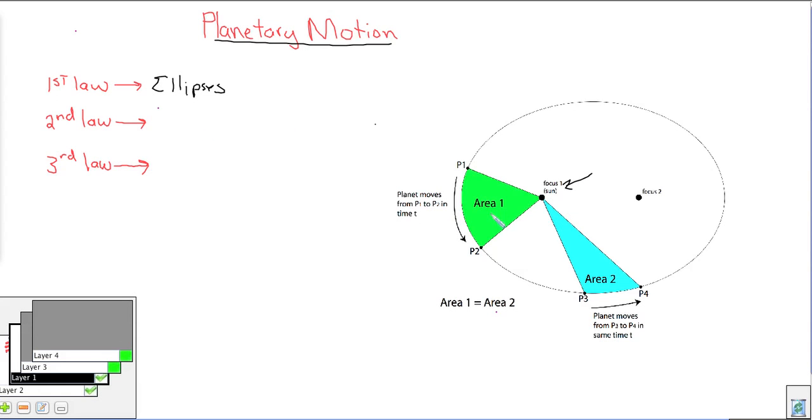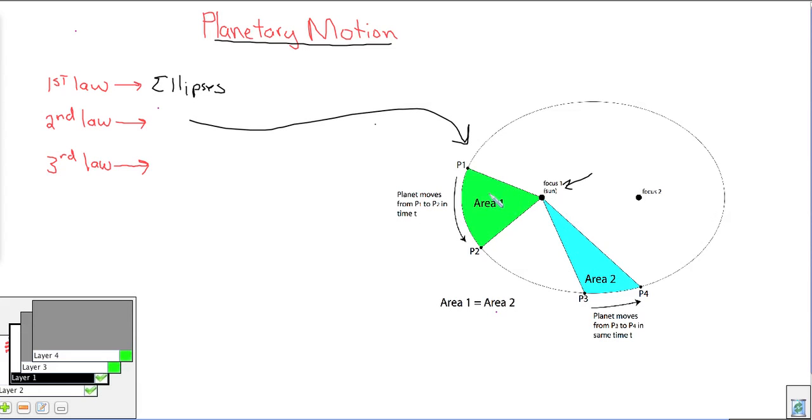Now the second law is illustrated here with this graphic. The second law says that as a planet is closer to the sun, it'll tend to move faster. So you'll see that this has covered more distance than this has. But if you draw imaginary lines for the radius, you'd notice that these ones are longer.